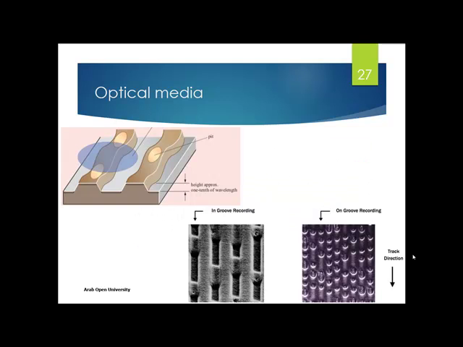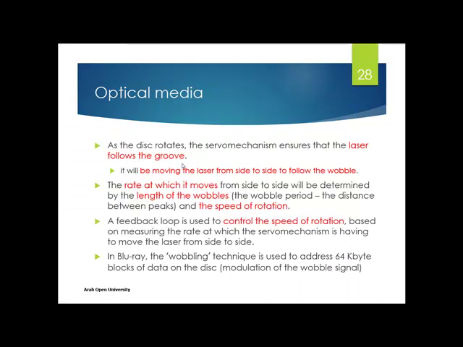And I will go back to let you see that the spiral track is not a spiral in the way we might think, but there is also a wobble in the groove, and this wobble, you can see it has a certain frequency or period of repetition. So the rate at which the laser moves is determined by the length of the wobbles and the speed of rotation, and as we said, the feedback loop is used to control the speed of rotation to make sure that the laser is still following the groove.